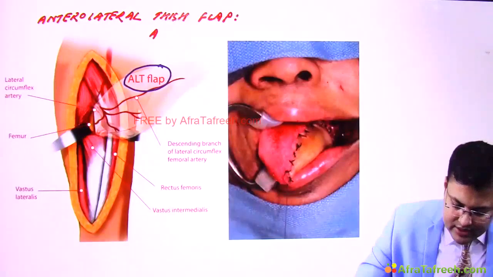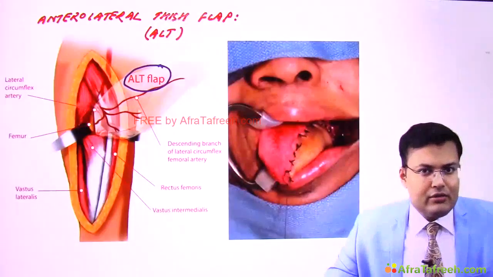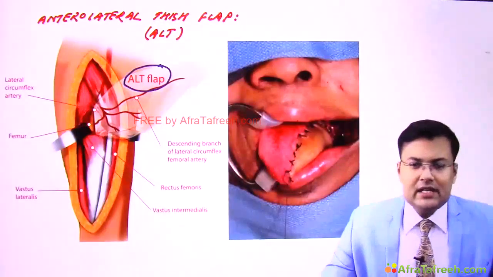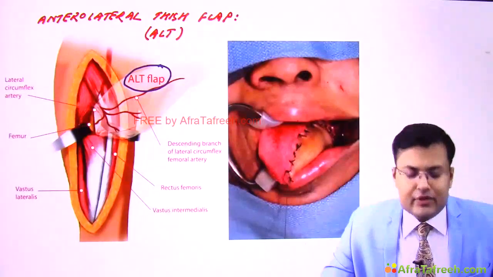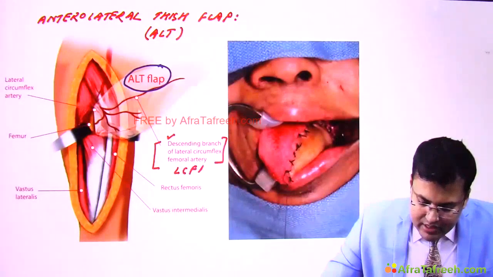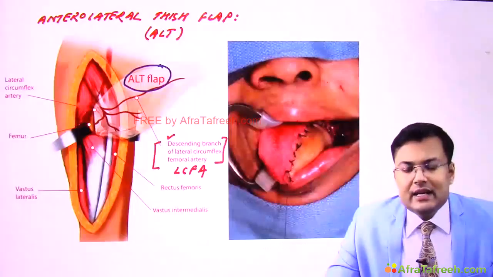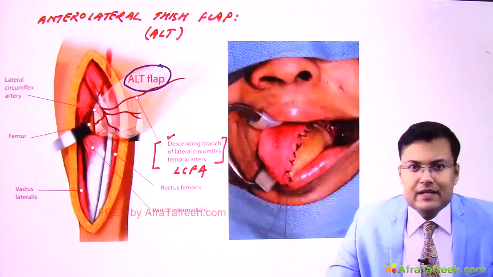Clear? First question: it is based on which vessels? It is based on perforators of the descending branch of the lateral circumflex femoral artery.